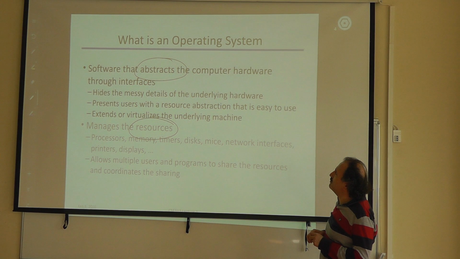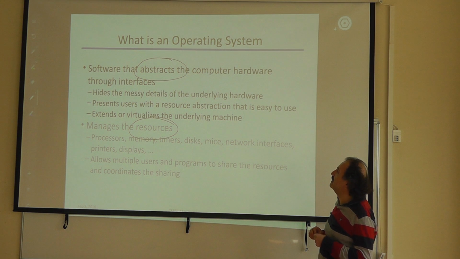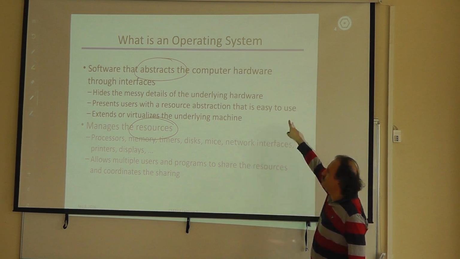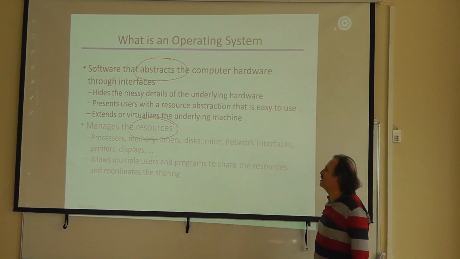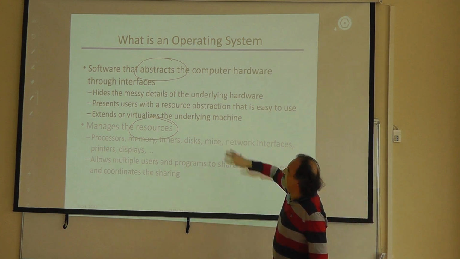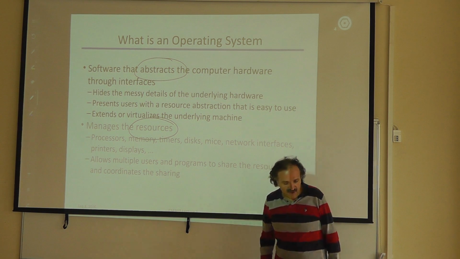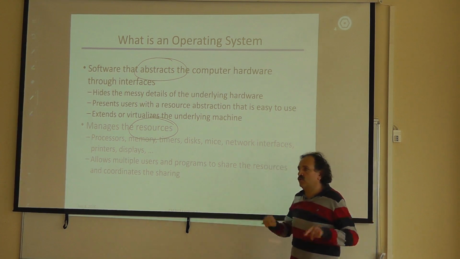What do we mean by abstraction? It hides the messy details of the underlying hardware and presents the user with a resource abstraction that is easy to use, extends or virtualizes the underlying machine. All of these make programming very easy for us. Otherwise, it would be very difficult to write that Hello World program.